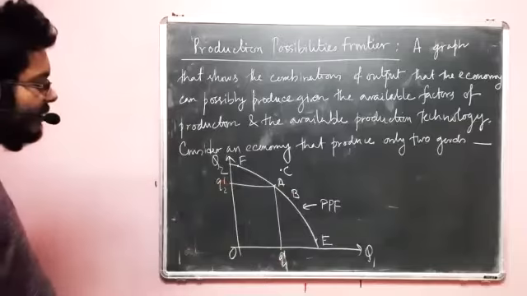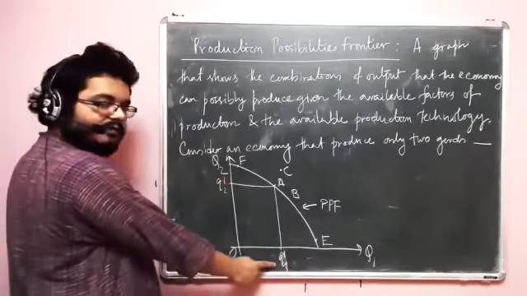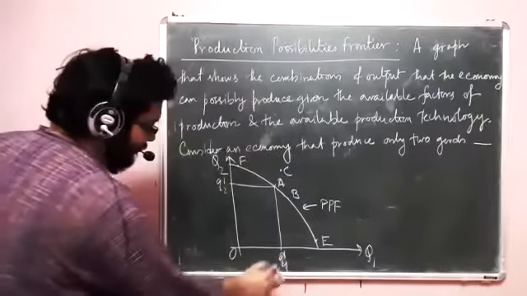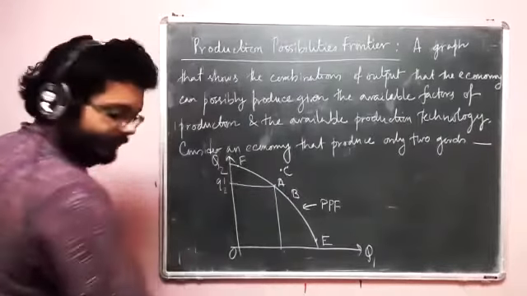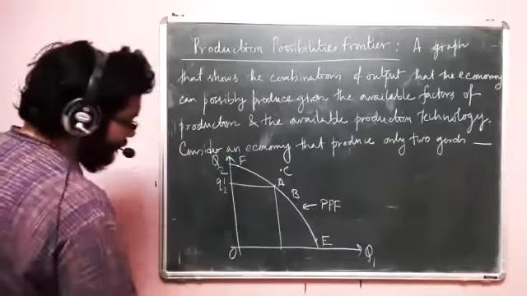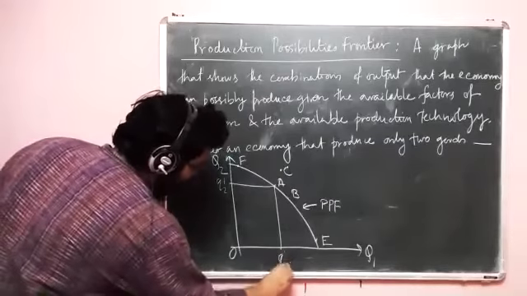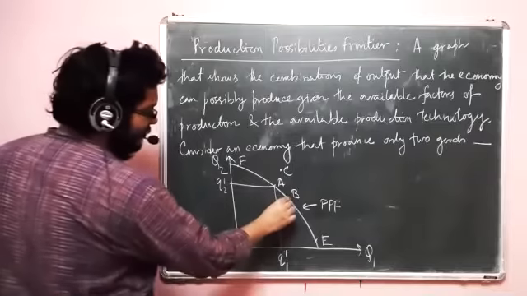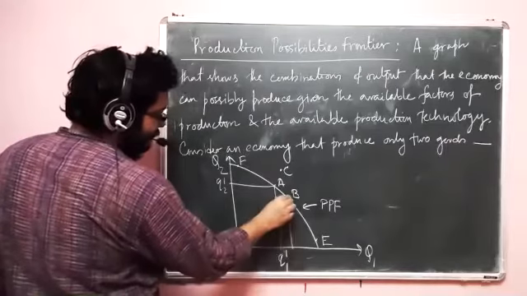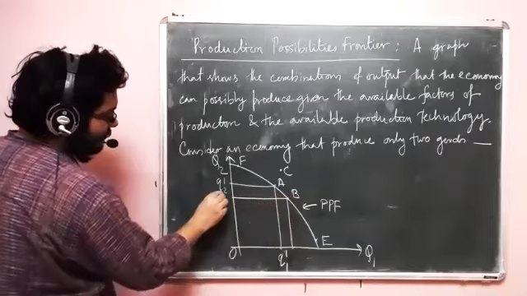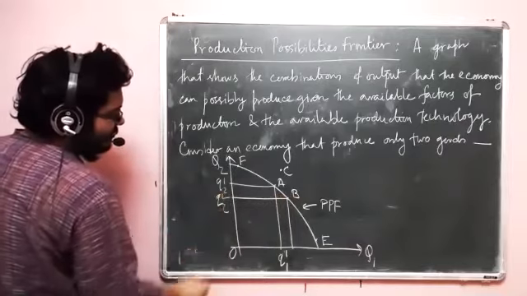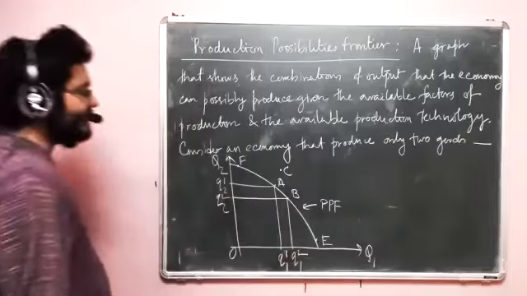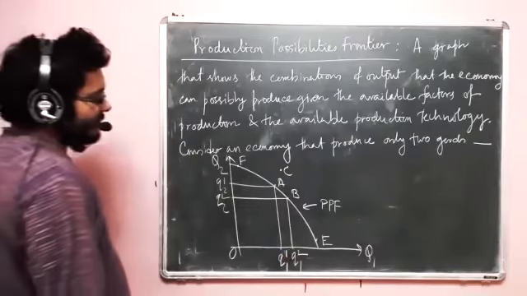So at point A, the economy produces Q11 amount of the first commodity, and Q21 of the second commodity. And at B, Q22 amount of the second commodity and Q12 amount of the first commodity.